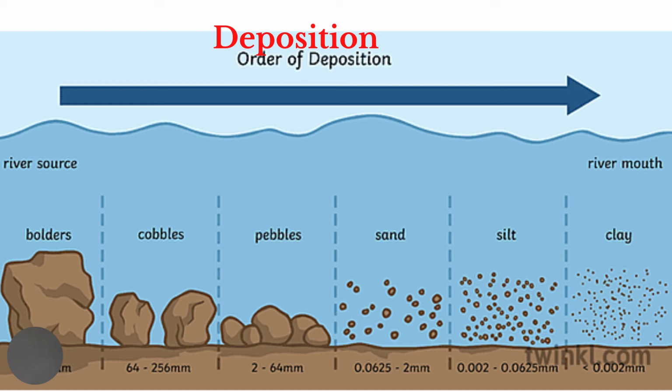In other words, the volume of the water in the channel will be low and will be unable to transport the material, and therefore deposition will occur. Deposition will also occur when stream energy is insufficient to carry the entire load. This means that larger materials will be deposited before finer materials.